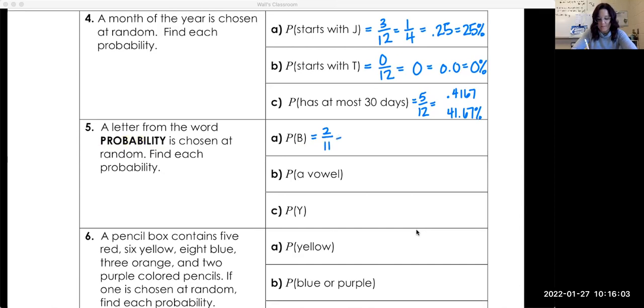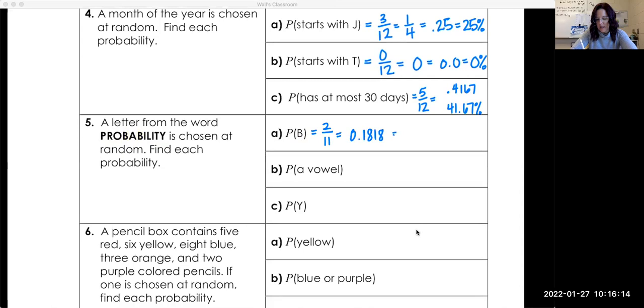There are 11. 2/11 is the probability we will pick a letter B, and that would be 0.1818. It's repeating, but this would be our truncated decimal, and 18.18% probability.